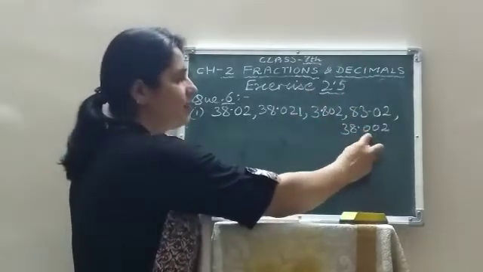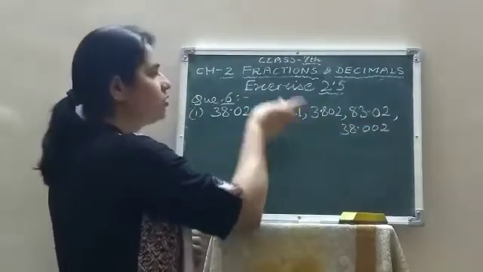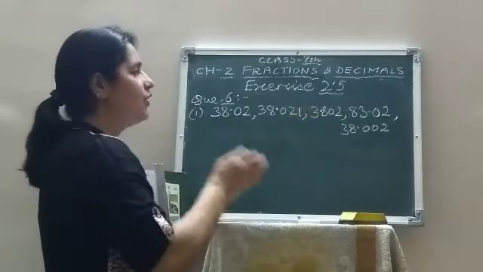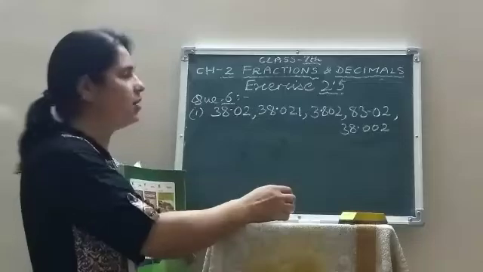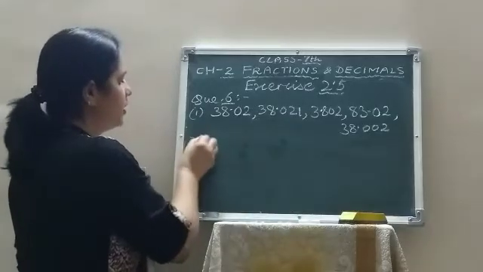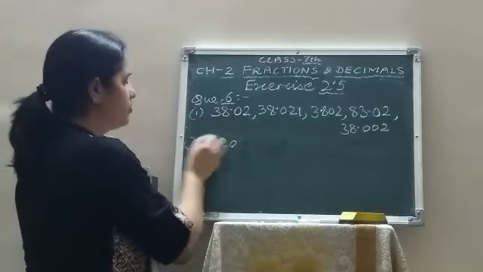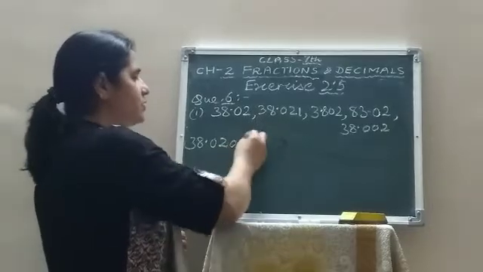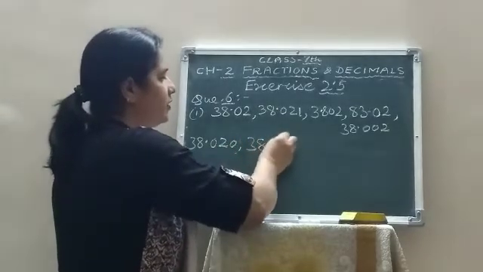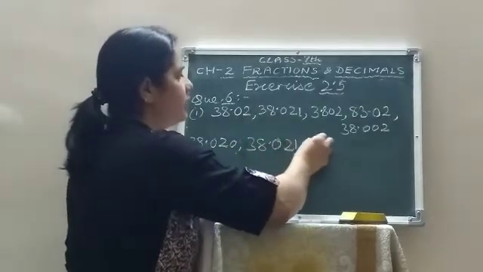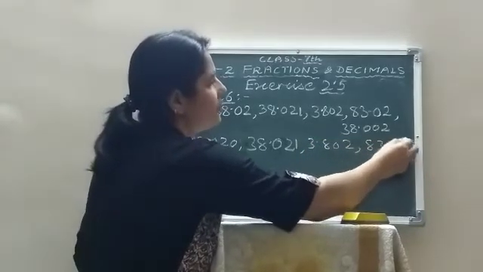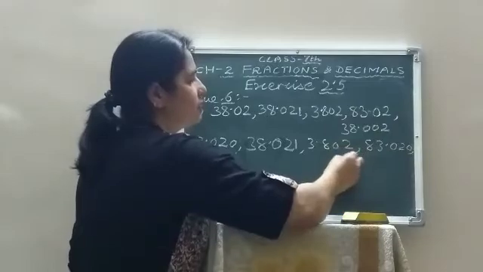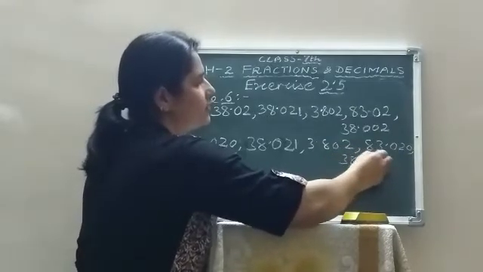See, this number has 3 digits, this also 3 digits, and this. So we will convert the other decimals also to 3 digits after the point. So it will become 38.020. You simply add 1 zero after this. This already has 3 digits, this already has 3 digits, this has 2 digits so add 1 zero, and this already has 3 digits.